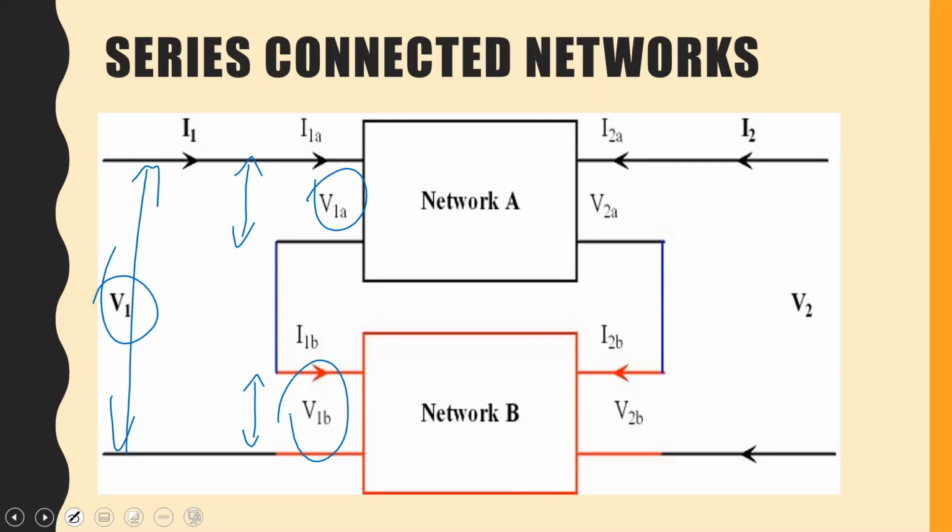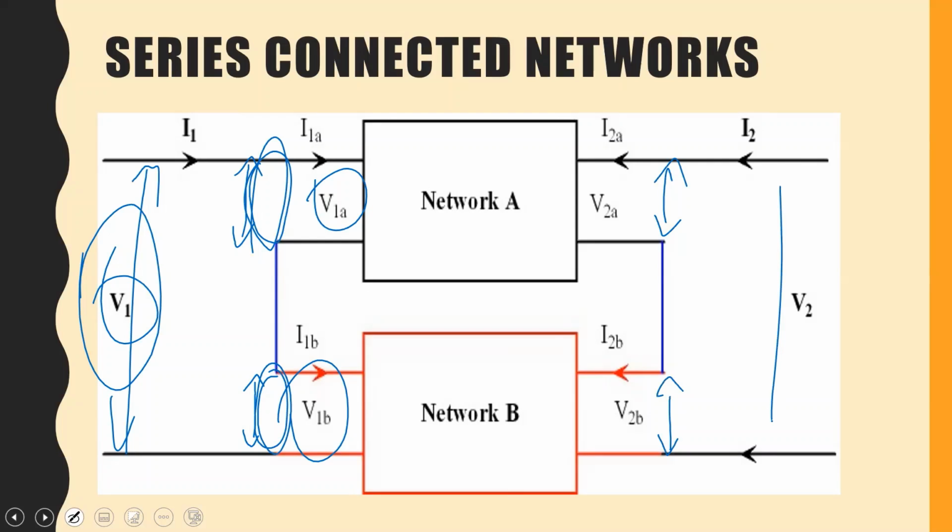Again, within a closed loop, we know that the algebraic sum of the EMFs is equal to the sum of the voltage drops. So we would have a closed loop in terms of our port. Voltage drop across here plus that is equal to V1. Similarly, at port 2, 2A and 2B, when summed, gives us V2.